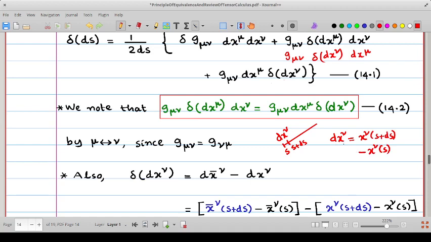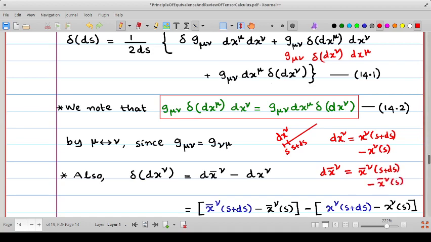Now dx nu changes if the coordinates x nu change. So as the coordinates change from x to x bar, dx bar nu is equal to x bar nu at s plus ds minus x bar nu at s.